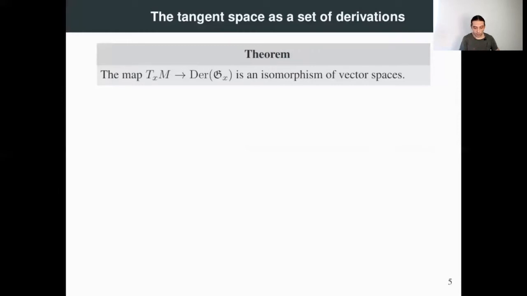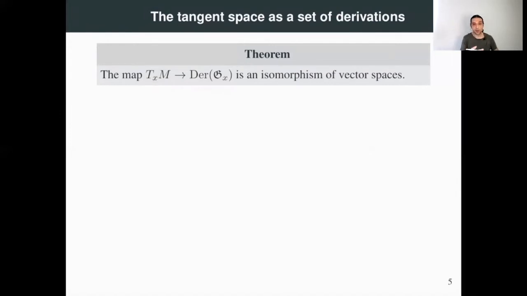This map, which is a map between vector spaces, is indeed an isomorphism of vector spaces. So in particular, every derivation is obtained by considering a tangent vector.